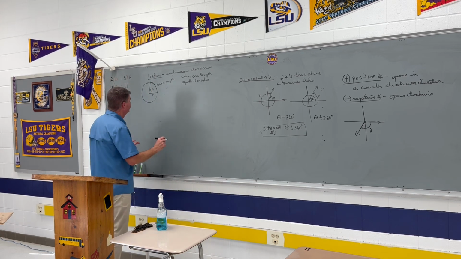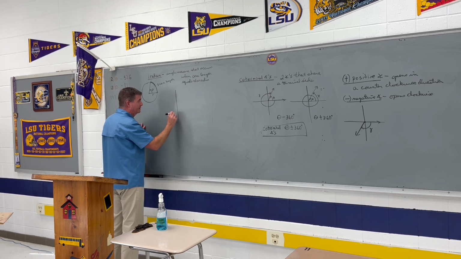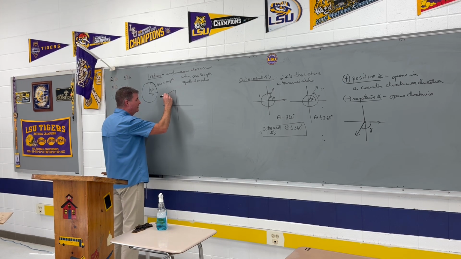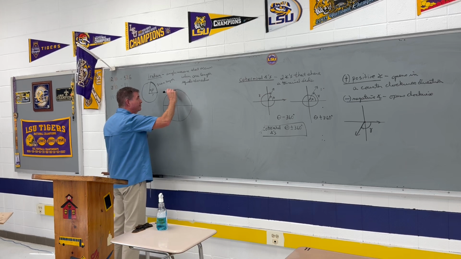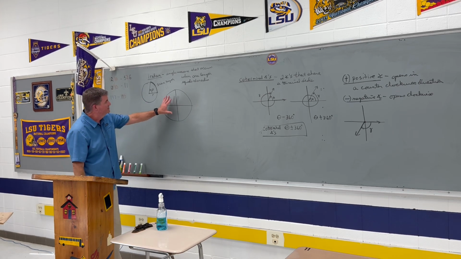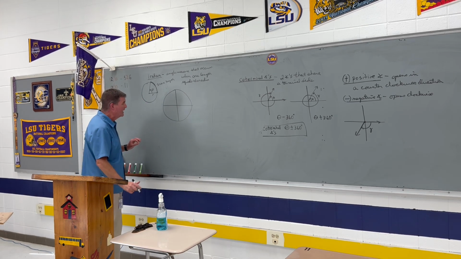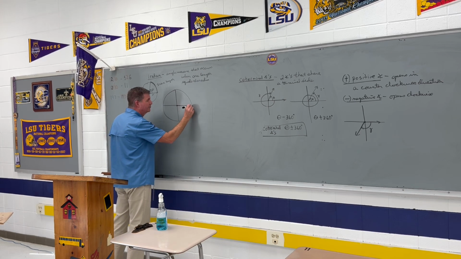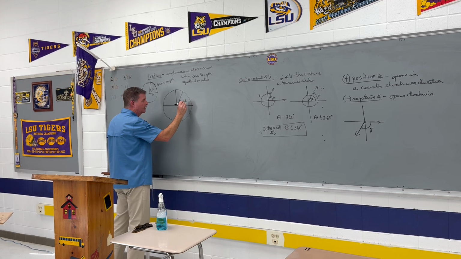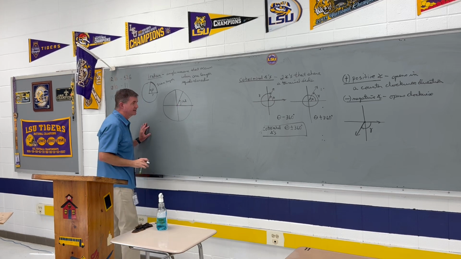Now, here's something that's, I think, an interesting fact. We have our circle. It's on a coordinate plane. And we're looking at 1 radian. So the arc length and the radius are the same.